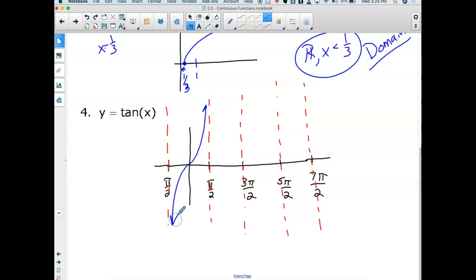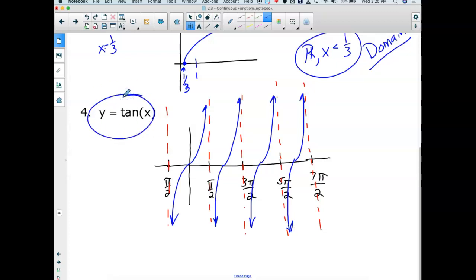See how this is not on a particular interval? So they want to know where the discontinuities are for all x values.